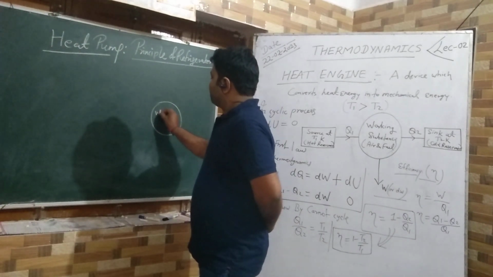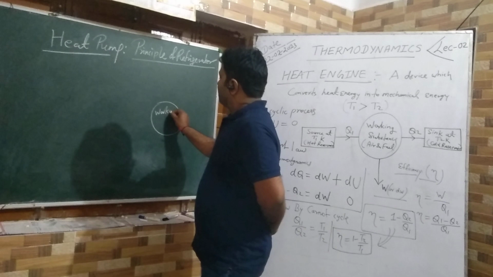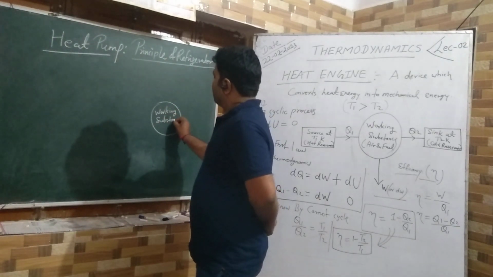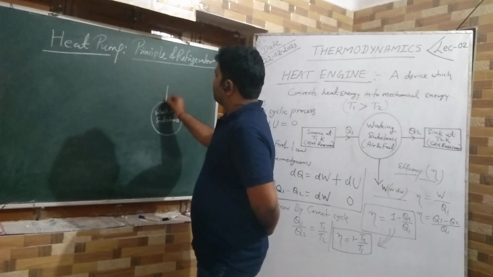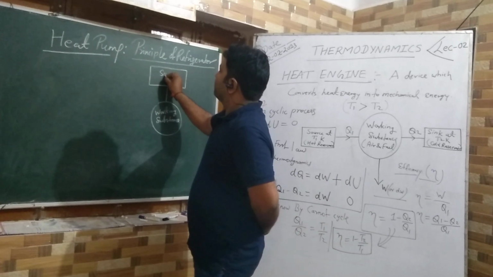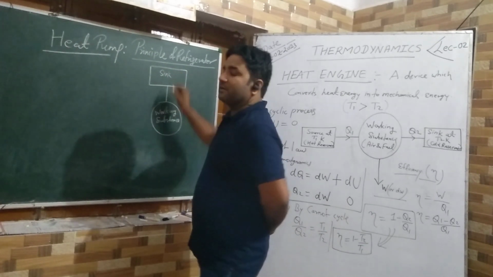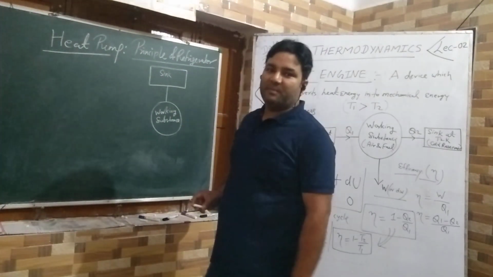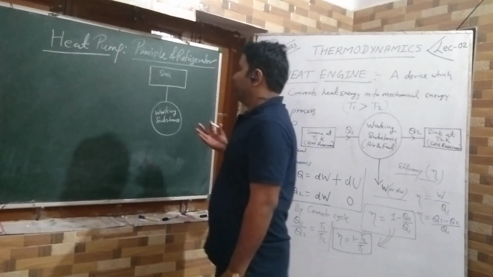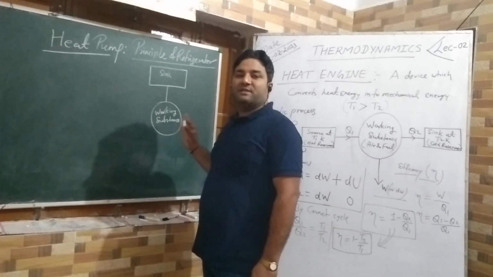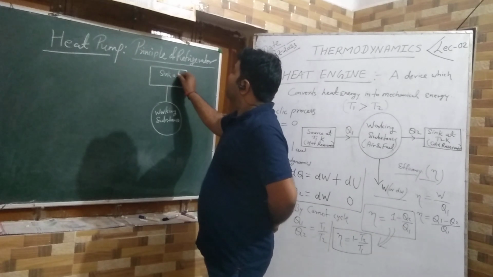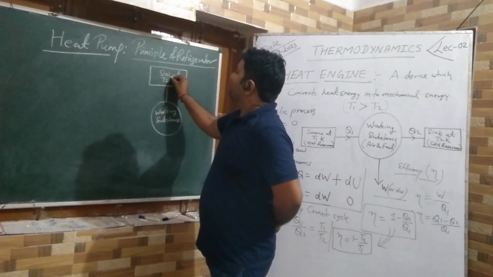This is the working substance. This one is the sink. Sink here is like food stuff, the materials you want to keep inside the refrigerator for cooling. Everything that you put inside the refrigerator for cooling is the sink at T2 Kelvin temperature.